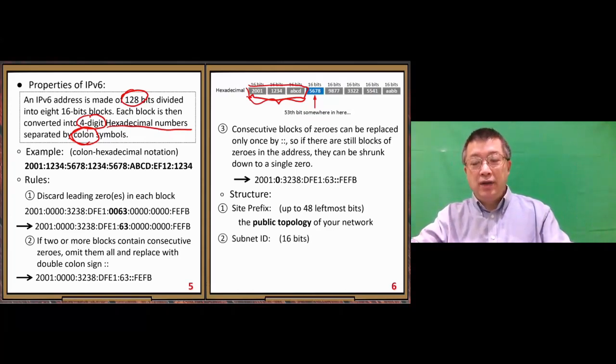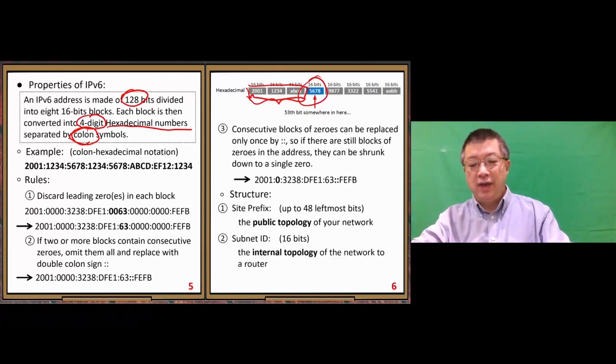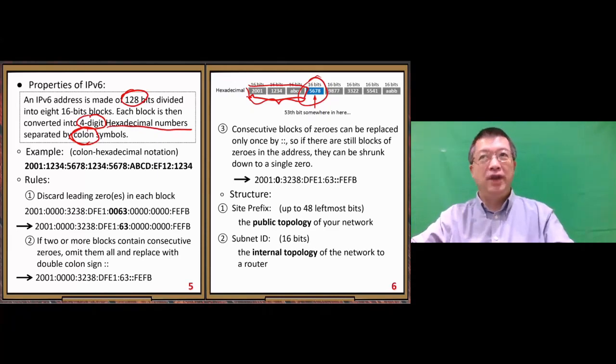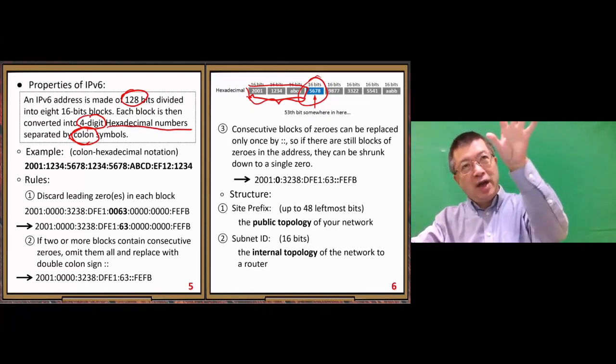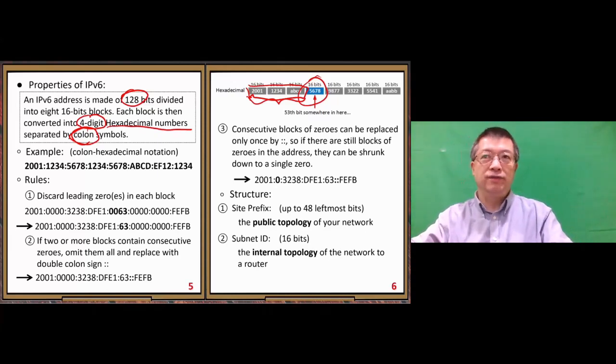The second part, the subnet ID, is 16 bits, 1 block, because 1 block corresponds to 16 bits. This is the internal topology of the network to a router, the private network part. 1 block is enough to cover that.